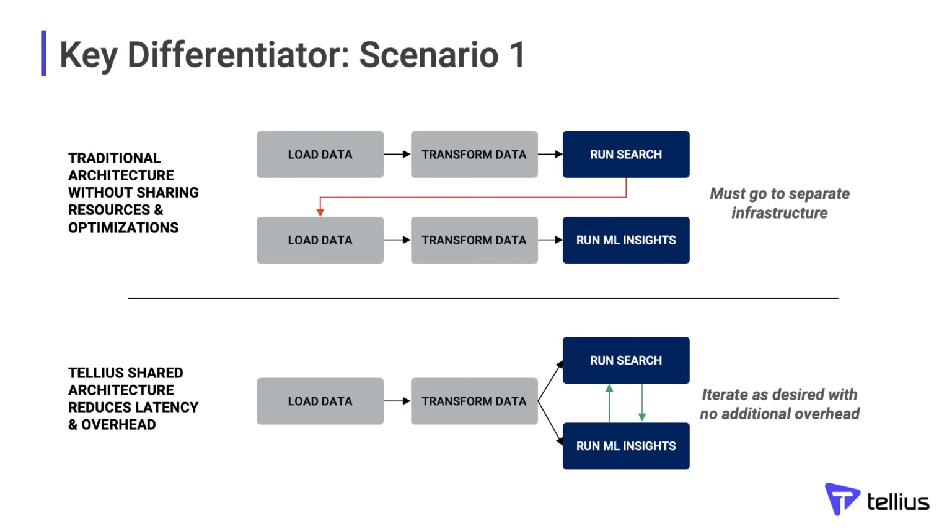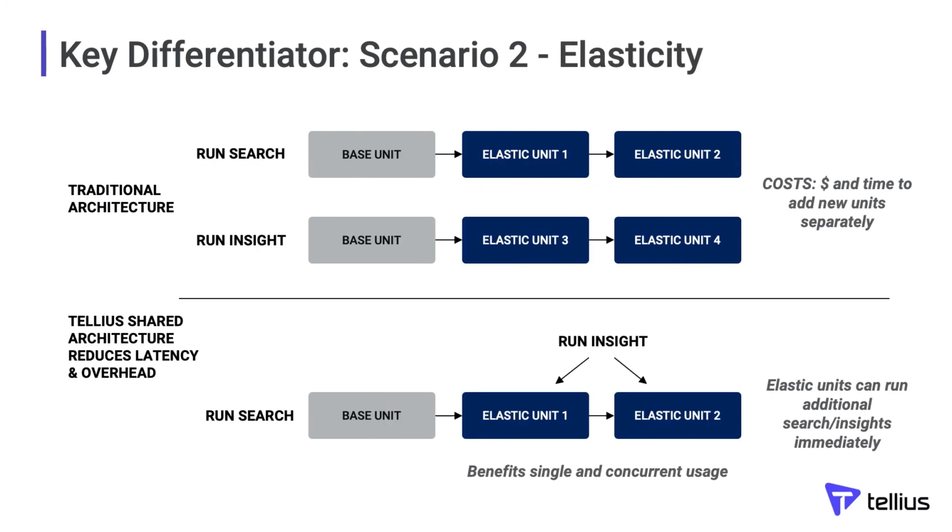And to really hit this home, I want to talk about our elasticity, because those benefits from the shared infrastructure also come into the elastic use cases. In the traditional sense, again, you're running a natural language search, or you want to run an AI-based insight, you're going to have to probably leverage some base infrastructure and then scale that up elastically. And then you're going to do it again for your AI-based insight activity.